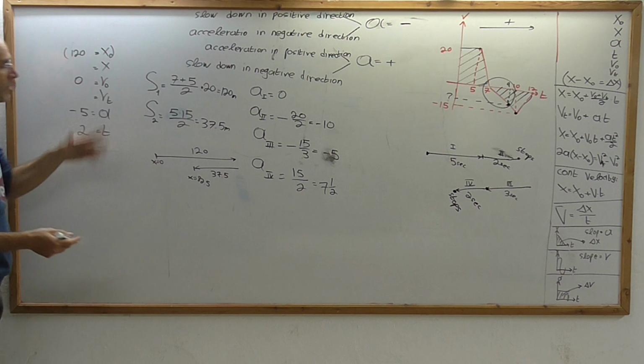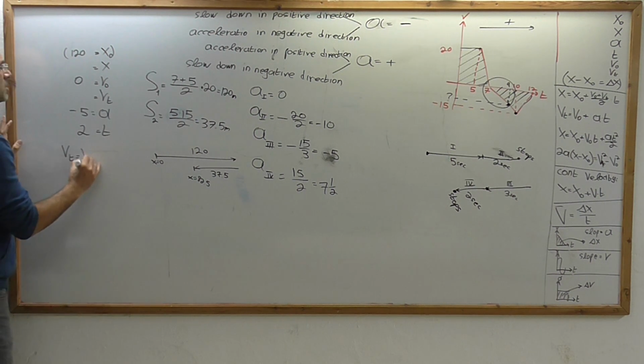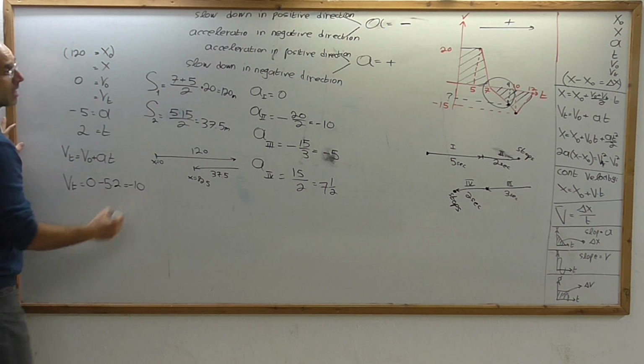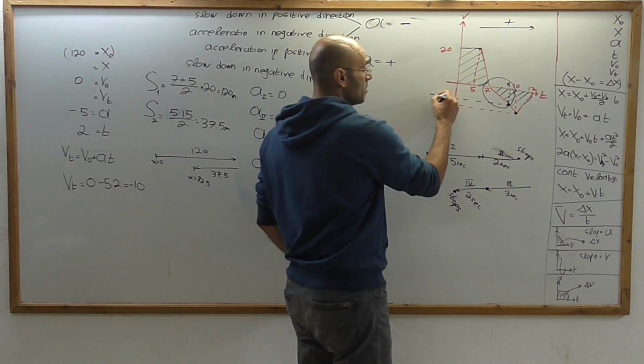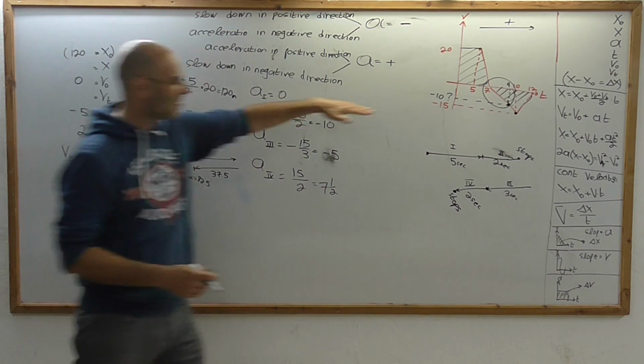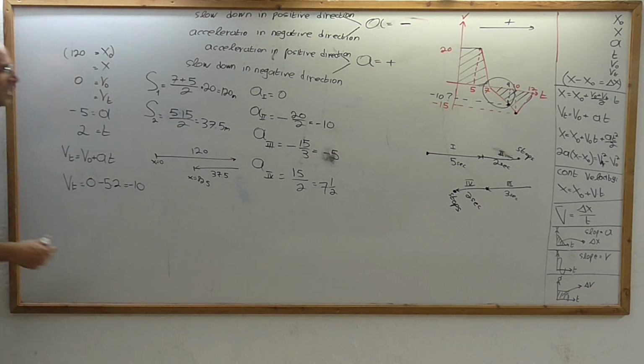I can calculate everything. If we use, for example, this formula, I'll get v final equals 0 minus 5 times 2, which is minus 10. It's logical, because it's higher than minus 15. And if I want the x, there are 2 ways.